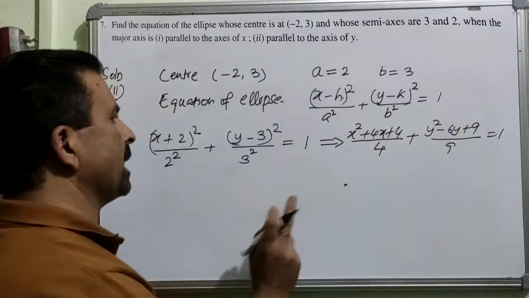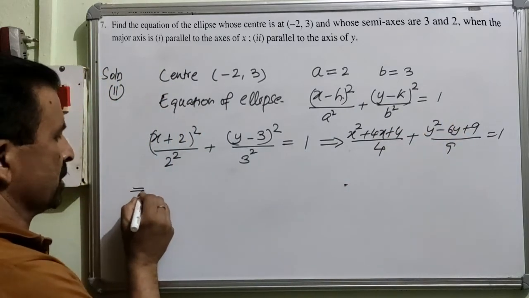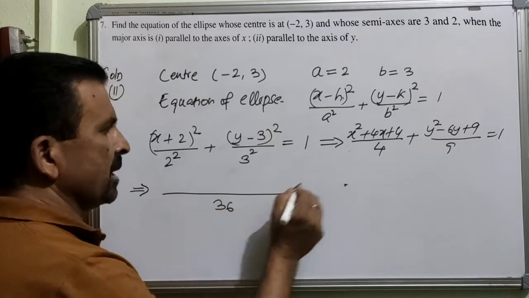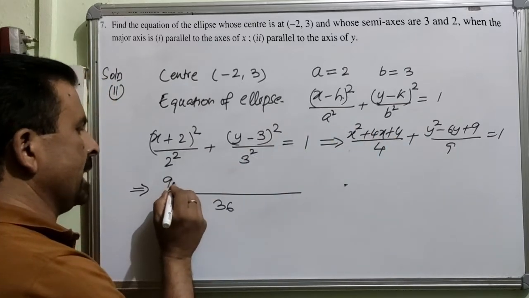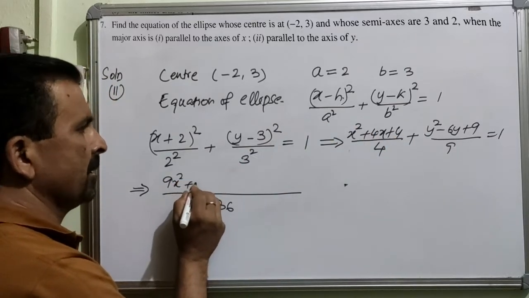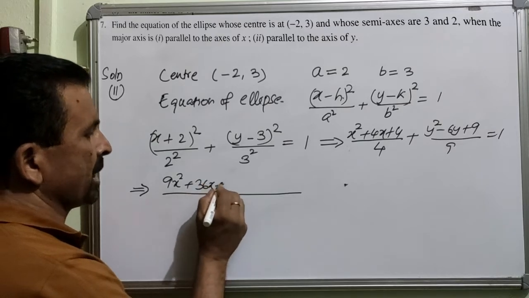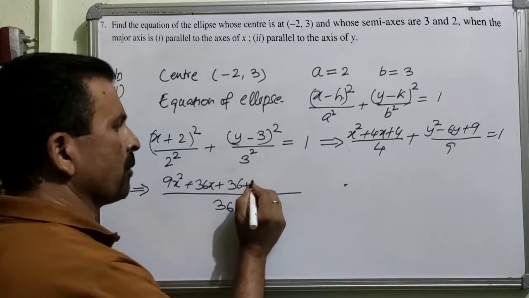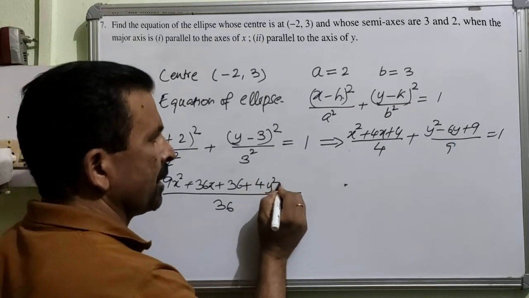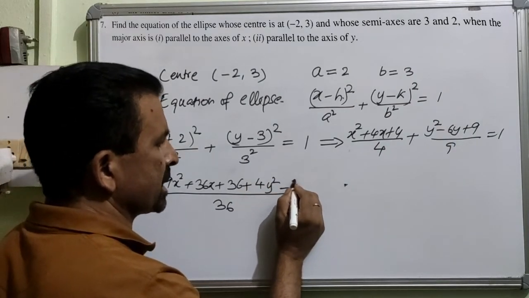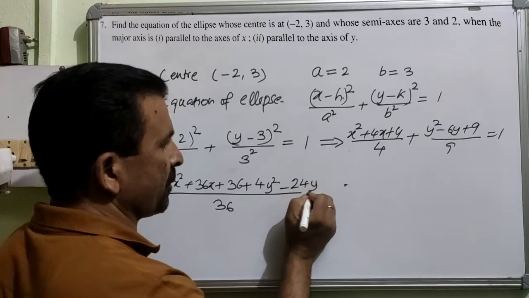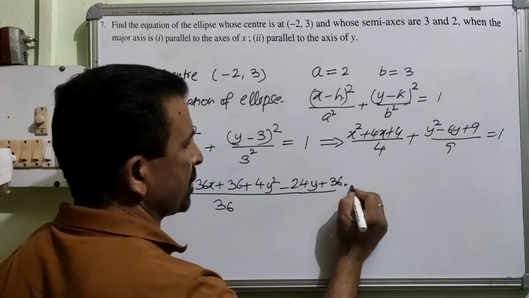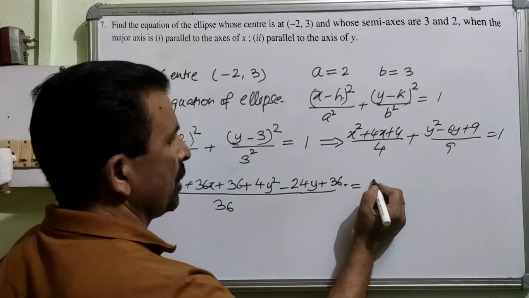Now let us simplify and make these two fractions into one. The LCM of these two will be 36, same as the previous question. Cross multiply: 9x square plus 36x plus 36, then 4y square minus 24y plus 36, is equal to 36.